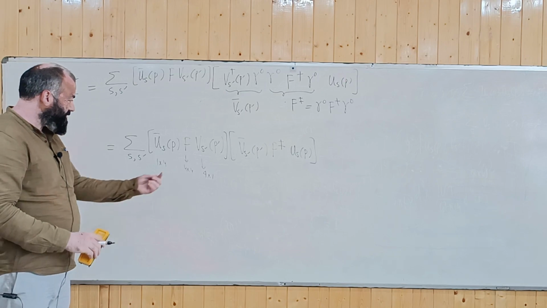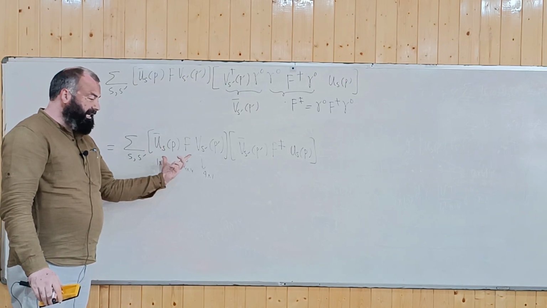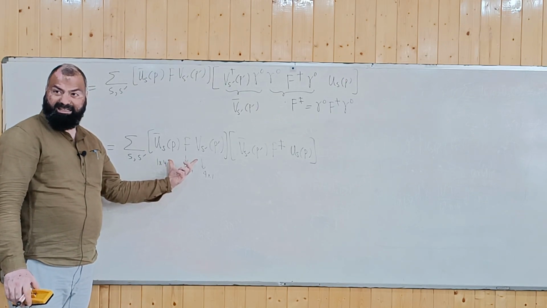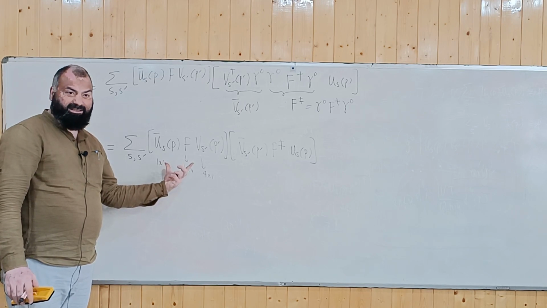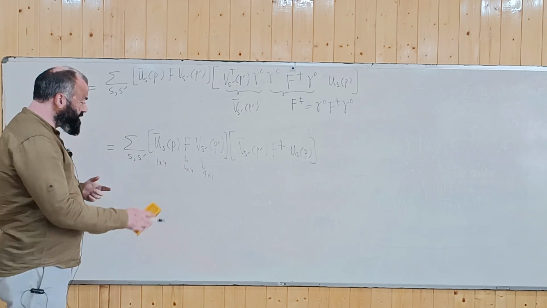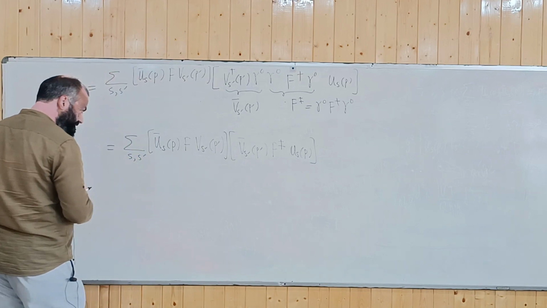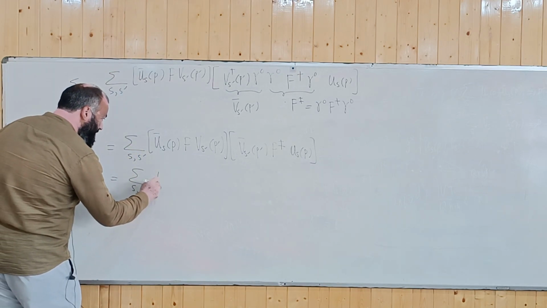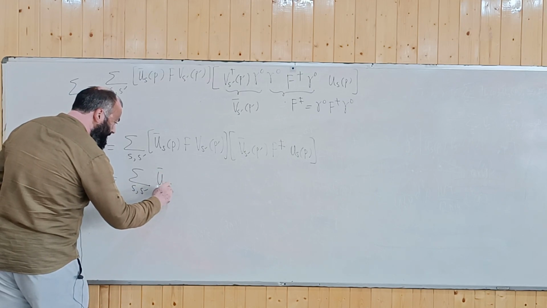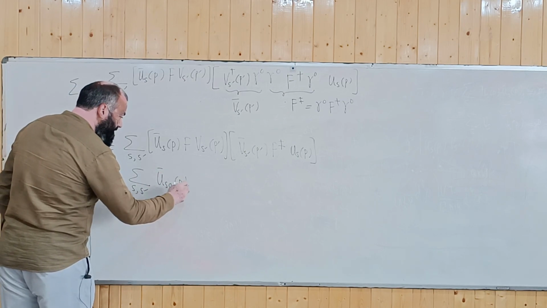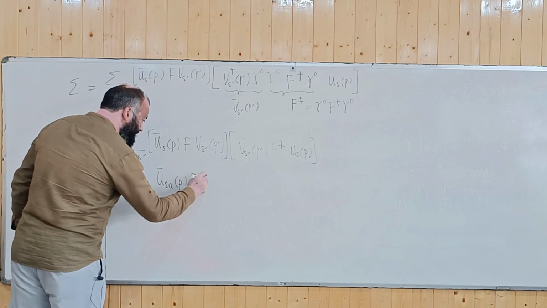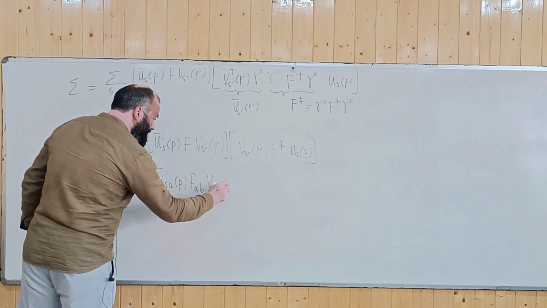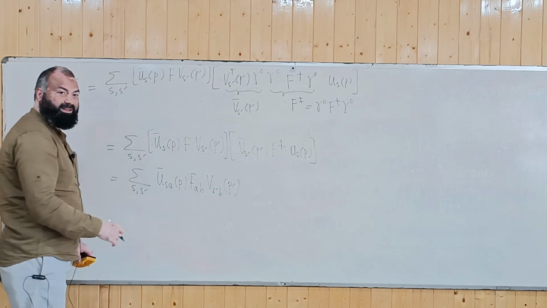So if I look at this kind of pattern, I'll put simply the matrix indices. So these are the matrices in the spinor space. So I will use those kind of indices. Let me write it as summation over S, S prime, U bar S, let me write A, P, so F, A, B. Now look here, is this a matrix multiplication?